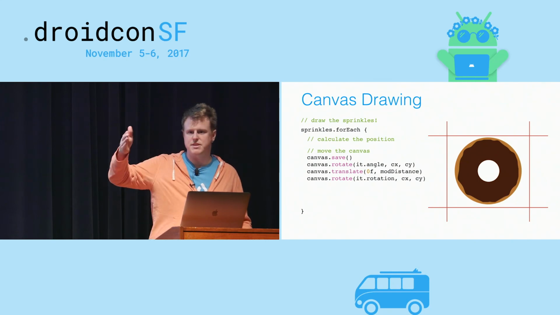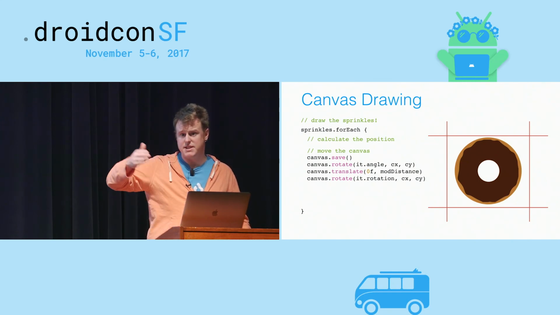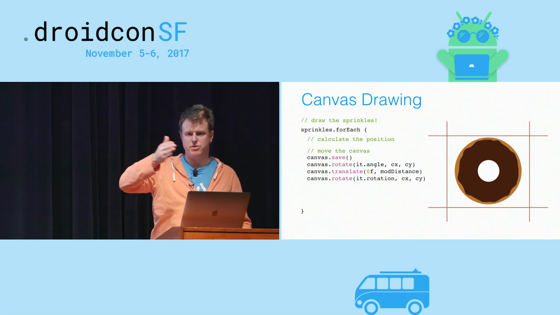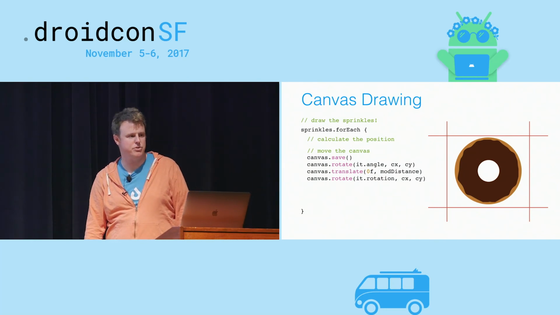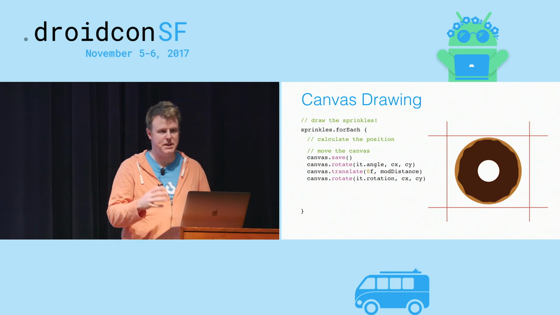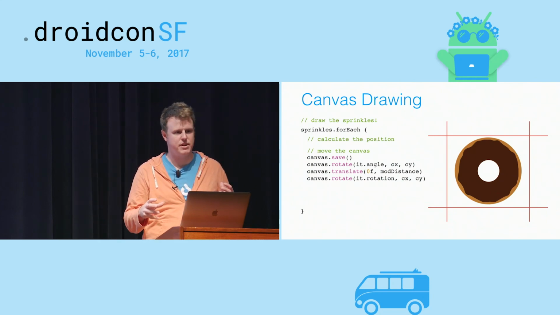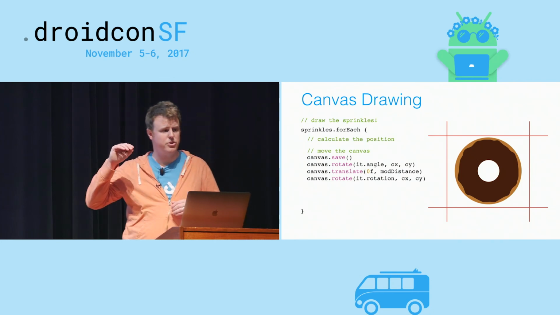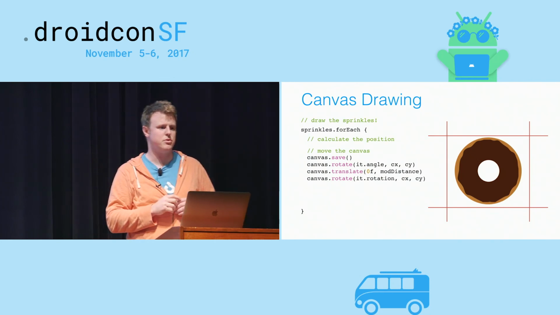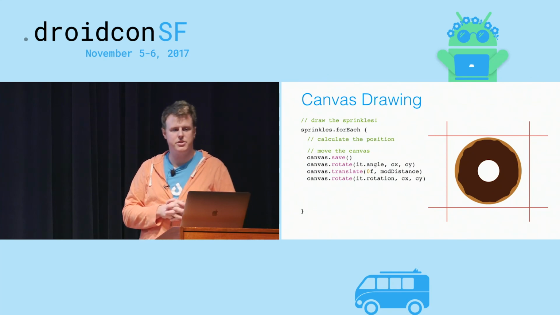So every time you save the state, you can save deeper and deeper and deeper, and then you just restore your way back out. And save and restore has a mechanism by which you can, if you're being irresponsible and you're not really confident that you're saving and restoring as you're supposed to, when you start drawing, you can actually get an int value which says the current state that you're saving.